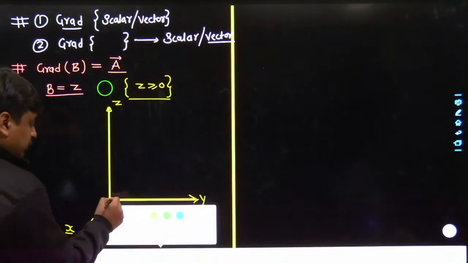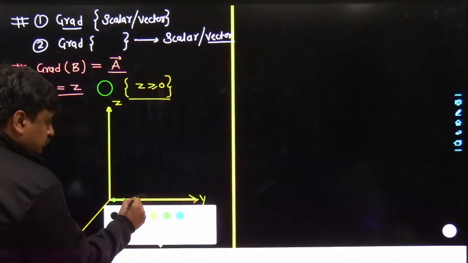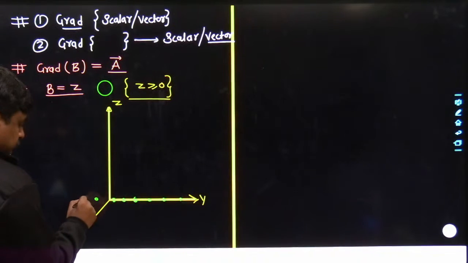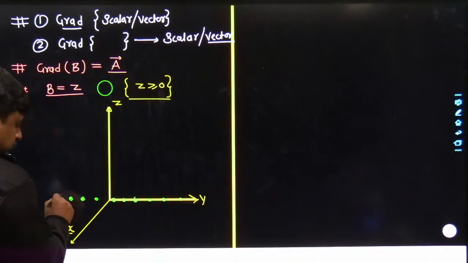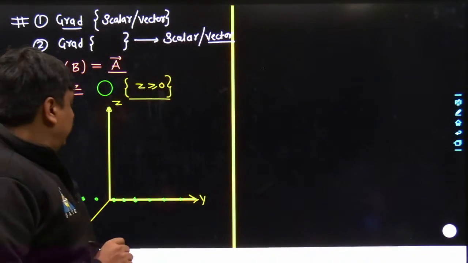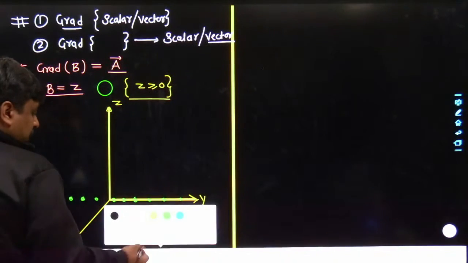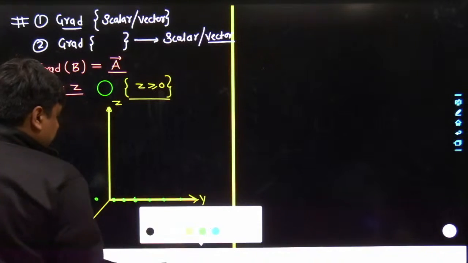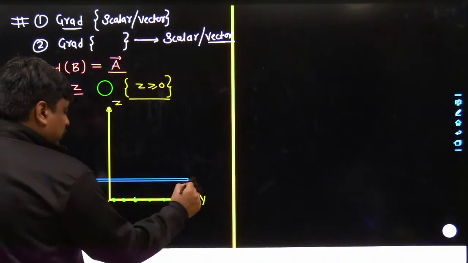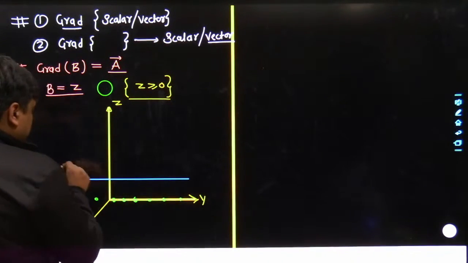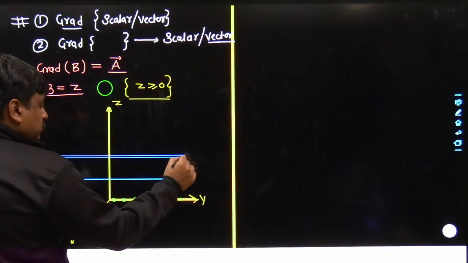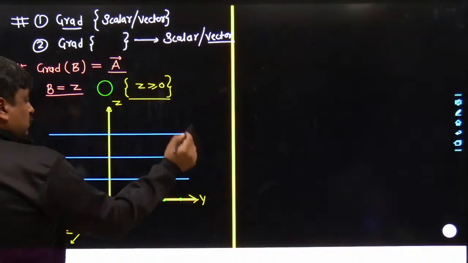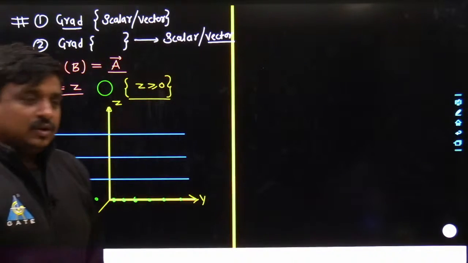So here goes the point. And as you go upside, let's take a few references: you have gone to z is equal to 1, z is equal to 2, z is equal to 3.